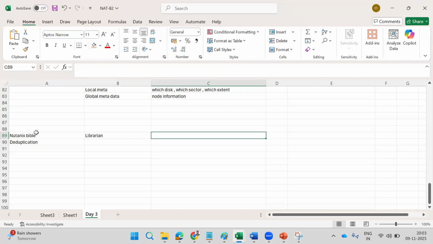Let's say the library has 4 floors, and every floor has 1 lakh books, so 4 lakh books in total. It would be very difficult to check book by book, floor by floor. So instead, you ask the librarian for help and tell him you need this book. He will immediately check his database and tell you whether the book is there or not. If the book is there, what information does he provide?